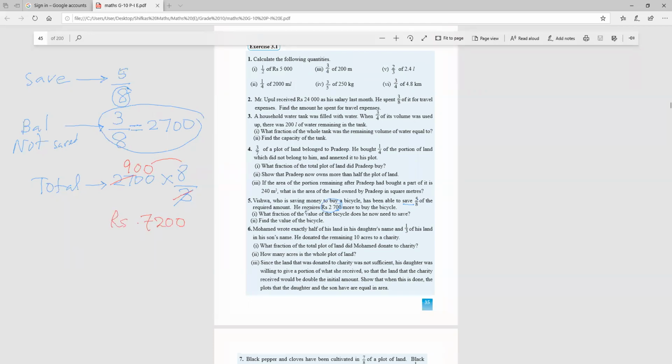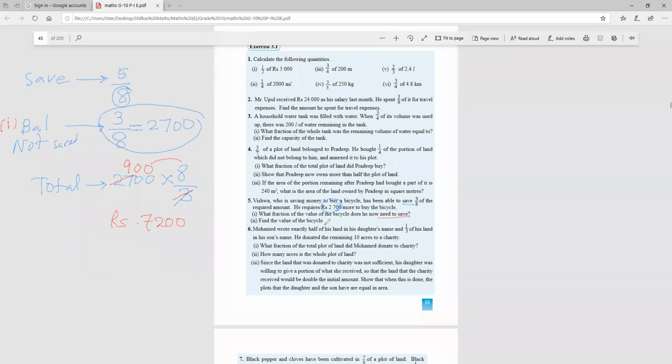Now, first question is, what fraction of the value of the bicycle does he now need to save? He saved 5/8. Need to save is 3/8. That is the first question answer, 3/8.